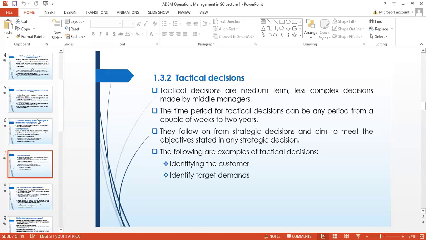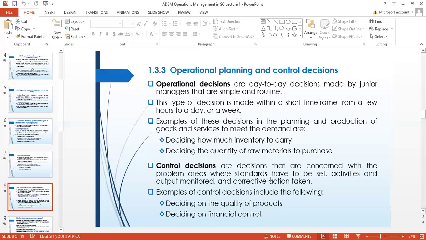Okay, from the tactical decisions, we have the lowest level, which is the operational planning and control decisions. As you can see here, we have two: the operational planning and the control decisions. So let's start by looking at the operational decisions, the first part. The day-to-day decisions made by junior managers. They are very simple. They are routine.